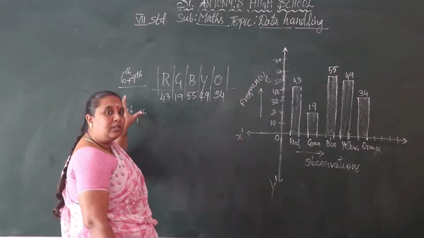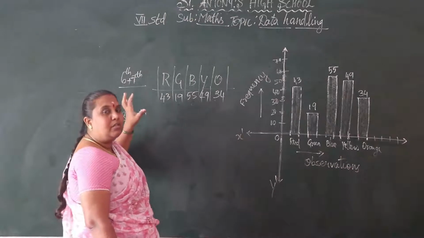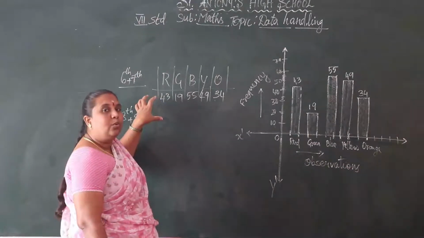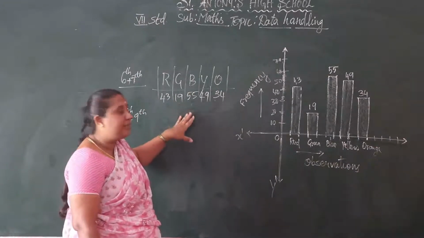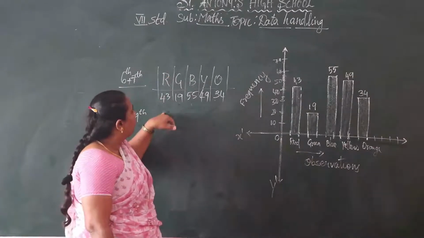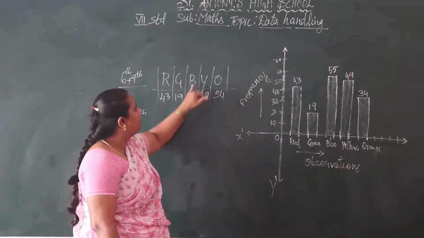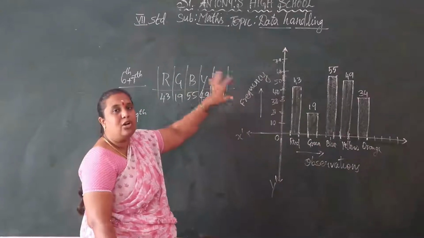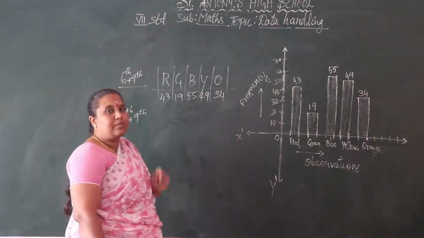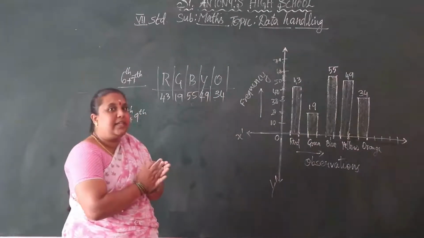Totally there are 200 students. From that, we compare how many students choose red, green, blue, yellow and orange. So we are comparing the data.